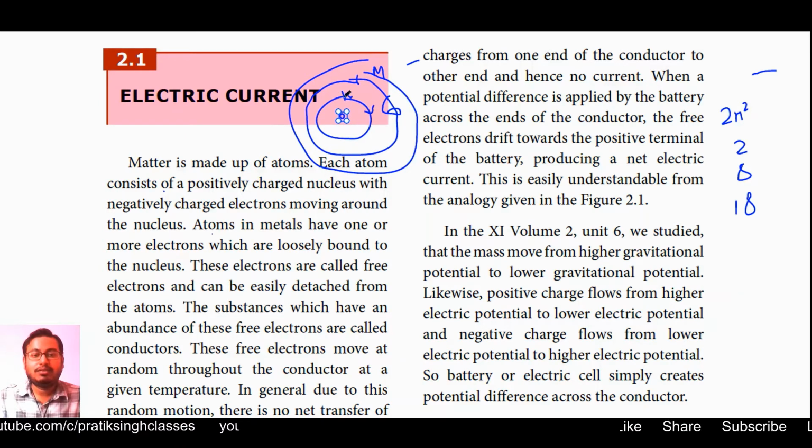The first orbit's electrons create a shield around the nucleus, and because of that the force of attraction between the nucleus and the second orbit decreases. So as we go away from the nucleus, the force of attraction between the nucleus and the electrons decreases, and so they are loosely packed. I hope you understand this very well.